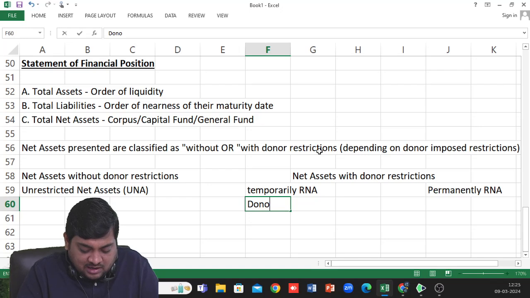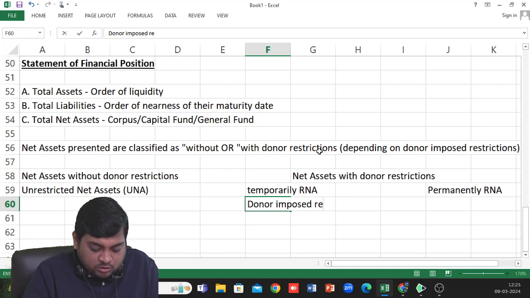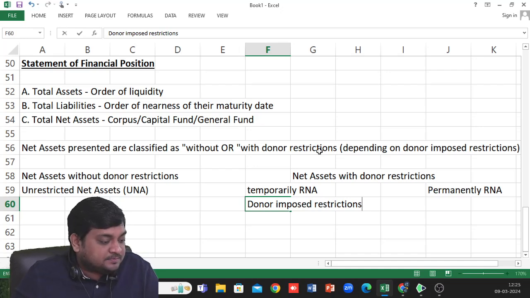So these are donor imposed restrictions.